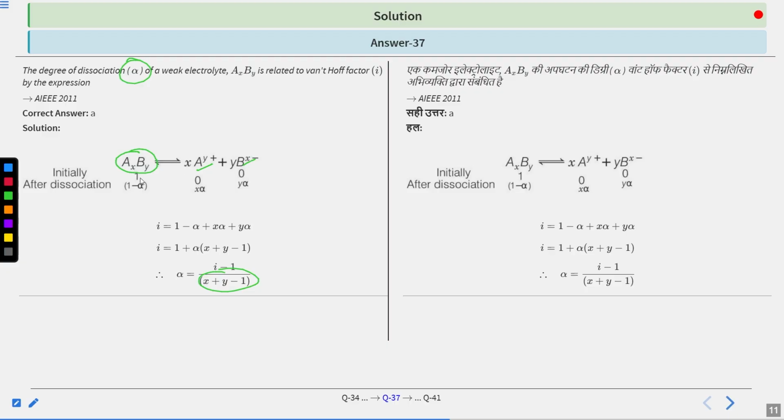After dissociation, alpha will break down, and if alpha is breaking down, then x alpha will be formed from here and y alpha will be formed from here. Now i is what? The total number of particles. So 1 minus alpha plus x alpha plus y alpha. So that will give you alpha is equal to (i minus 1) by (x plus y minus 1). Moving on to the next question.